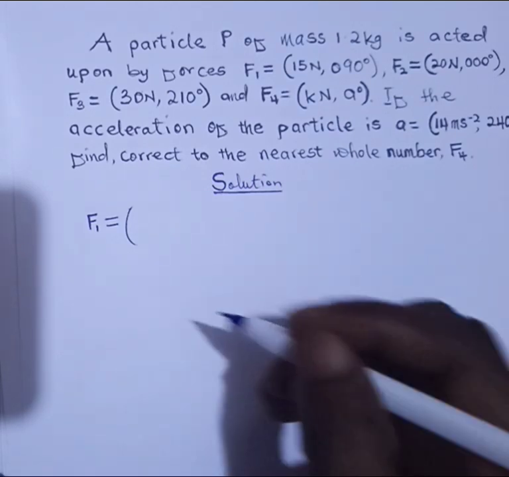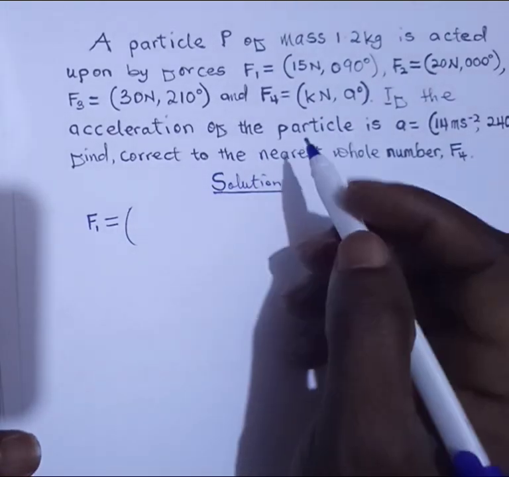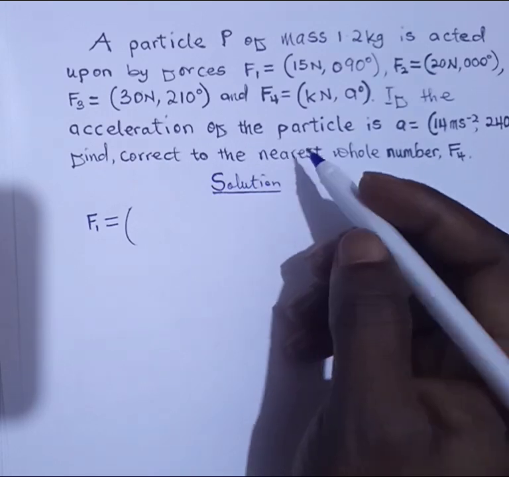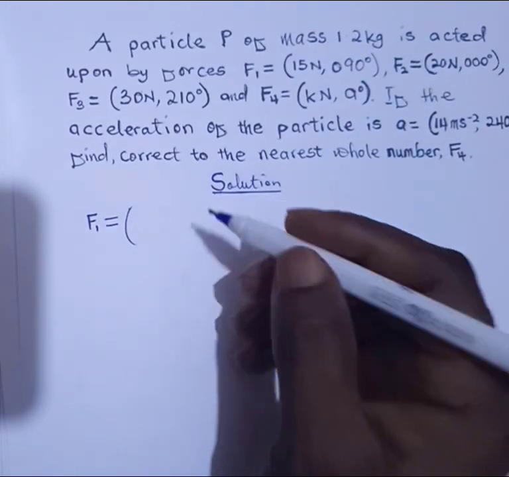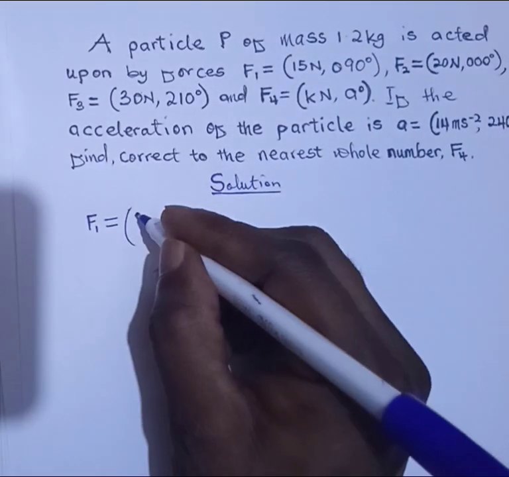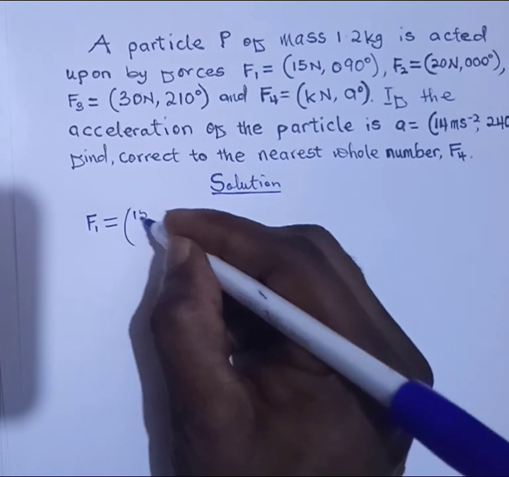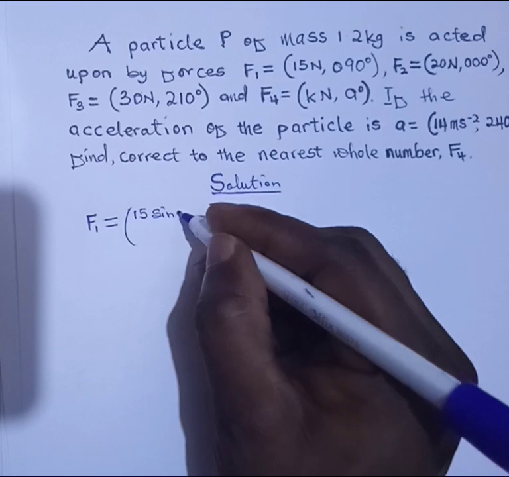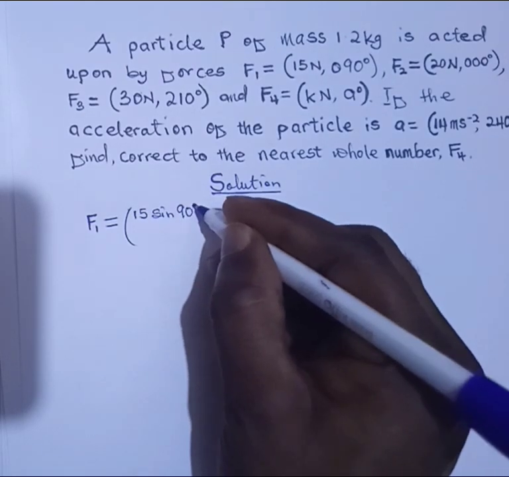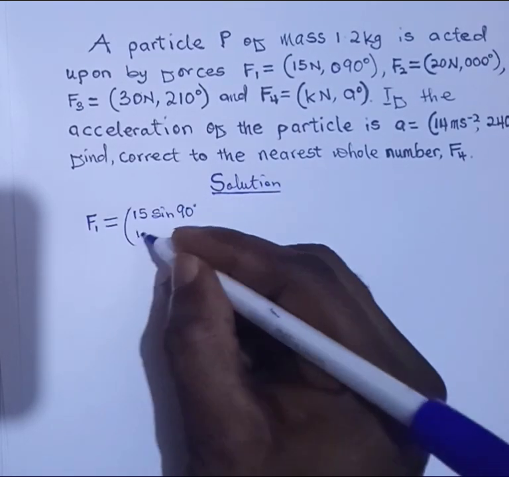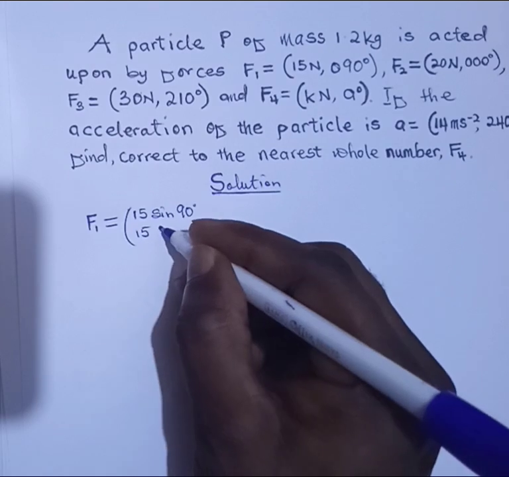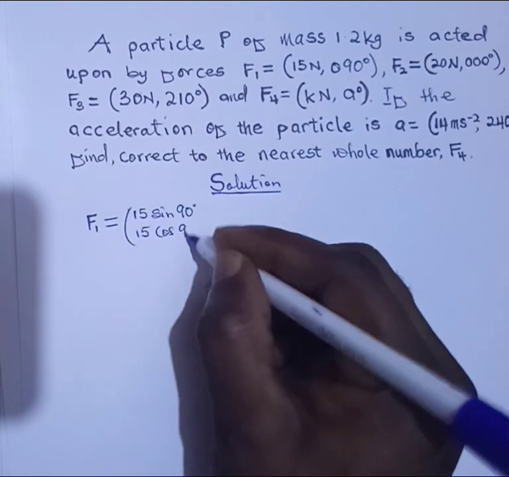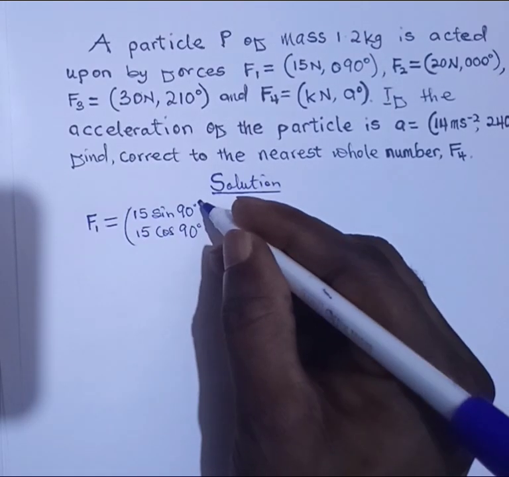So F1, we can resolve it since it is giving us 15 Newton and we have 90 degrees. So we can write 15 sine 90 degrees, also 15 cos 90 degrees.